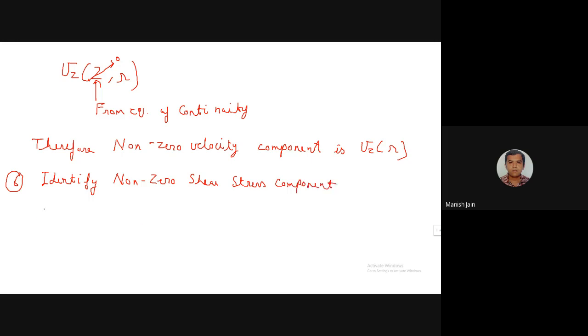So you have the velocity Vz of r. This is the non-zero velocity component. So we will find the non-zero shear stress component from this only.